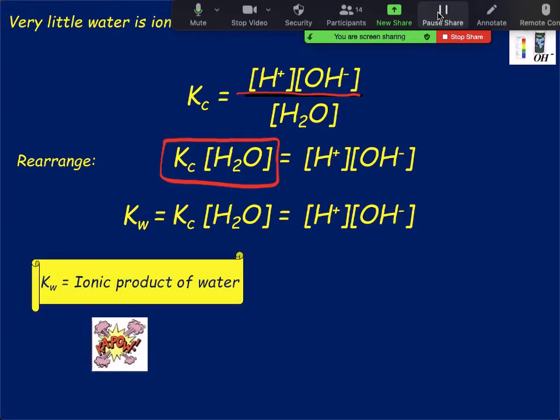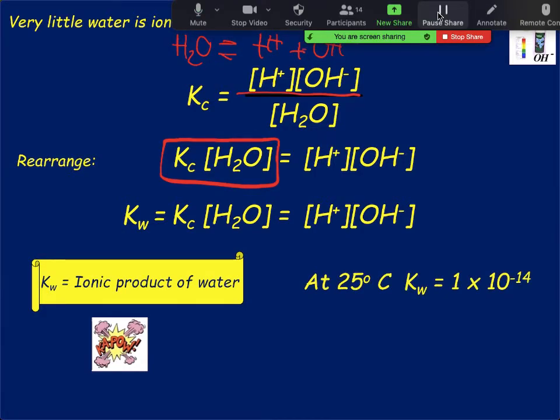So they would ask you to show how you would get the ionic product of water, and you start with the H2O going to H plus and OH minus, and then you'd write your Kc, and then you'd shove your water over to the left-hand side, and now your Kw is equal to H plus and OH minus.